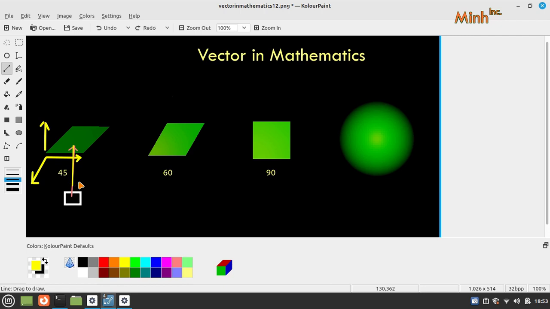Now the light we are revolving around this in 3D. So now the light is somewhere here in 3D. The light direction is like this, and the surface normal is in this direction only.